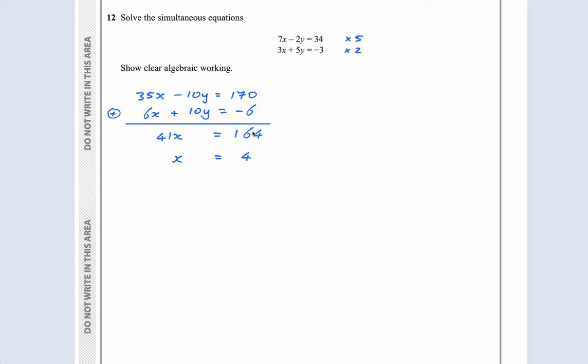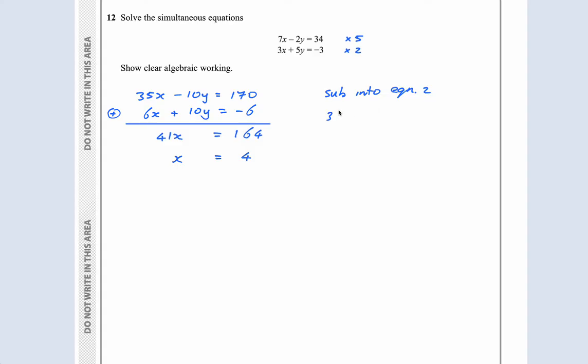So that's 164 divided by 41 gives me 4. Then when x is 4, I can sub into one of these, whichever one I want. I'll go sub into equation 2.